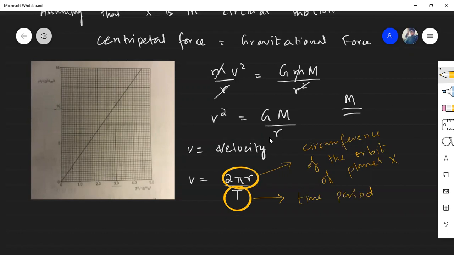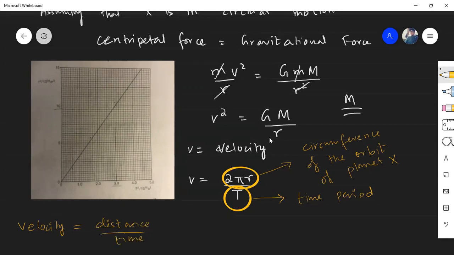So what I did here is I defined velocity to be equal to distance over time.